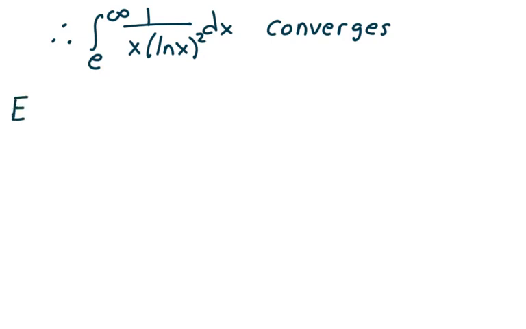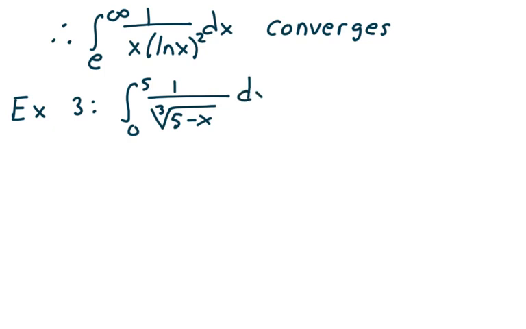Example 3. Suppose we have the integral from 0 to 5 of 1 over cube root of 5 minus x dx.